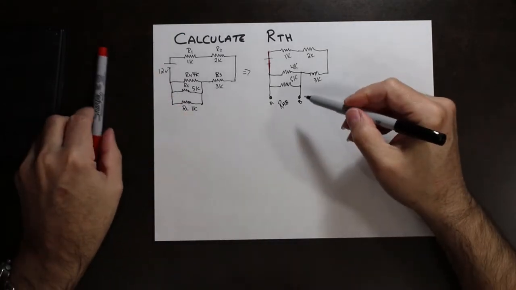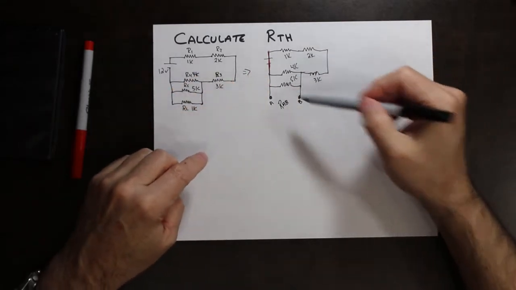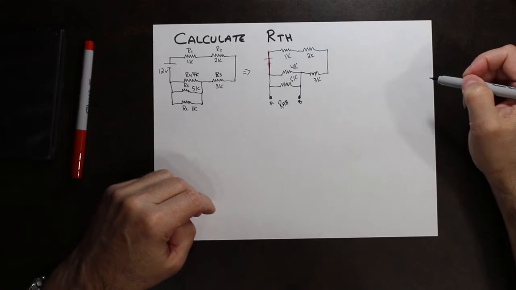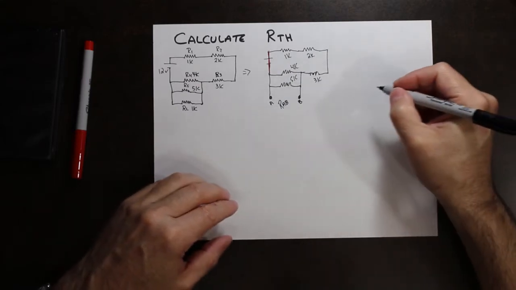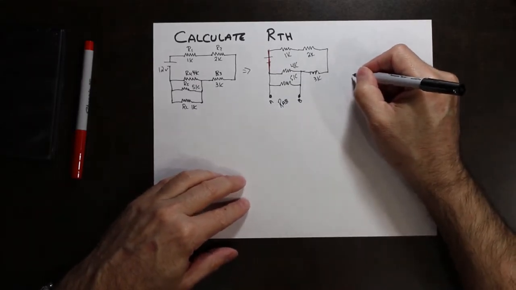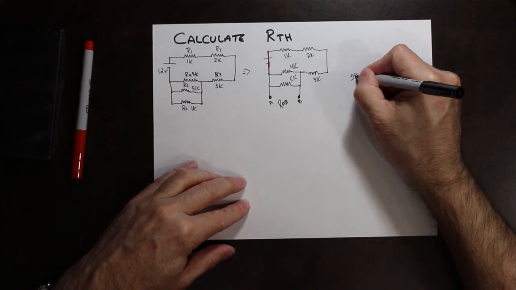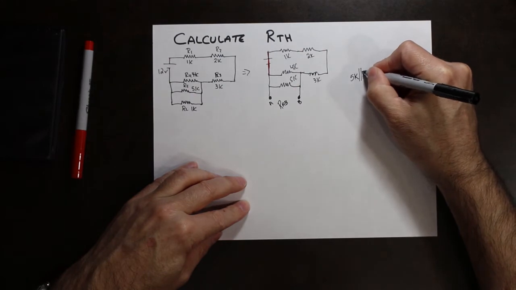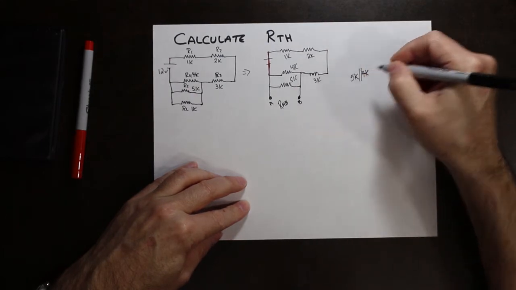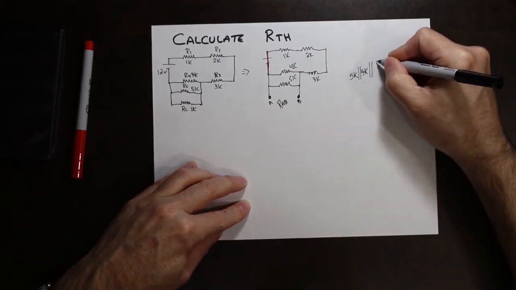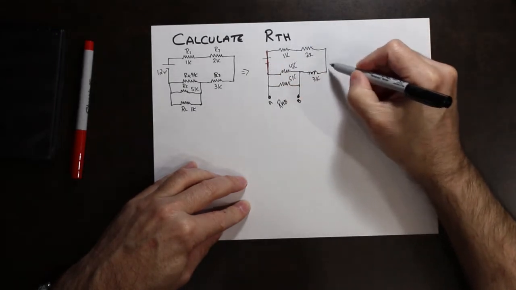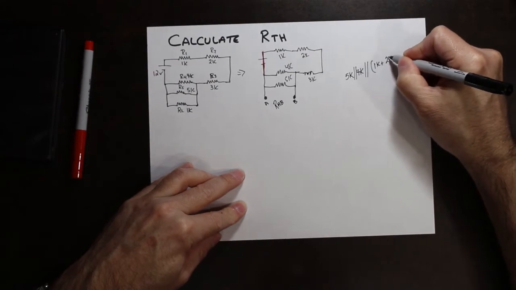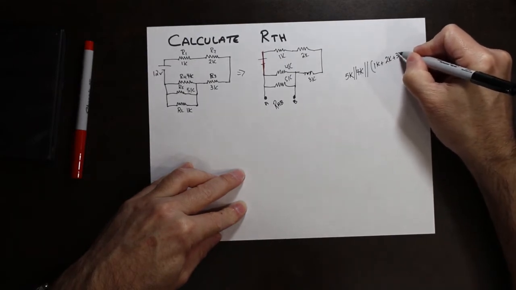So we need to figure out what the resistance is of this circuit. When I look at that circuit from point A to point B, what I see is a 5K resistor in parallel with a 4K resistor in parallel with this branch, which is 1K plus 2K plus 3K.